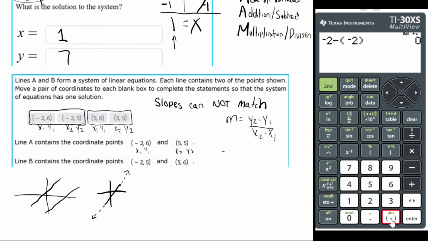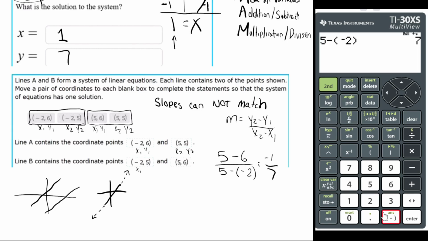So that would be y2 is 5 minus your y1 is 6 over 5 minus negative 2. 5 minus 6 we know is negative 1. 5 minus parentheses negative 2, close parentheses, is equal to 7.